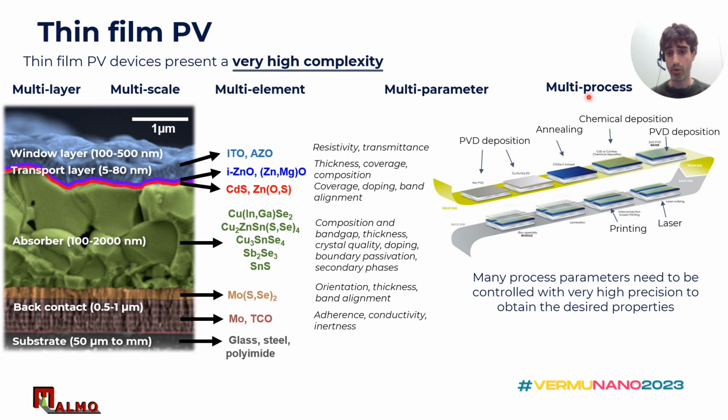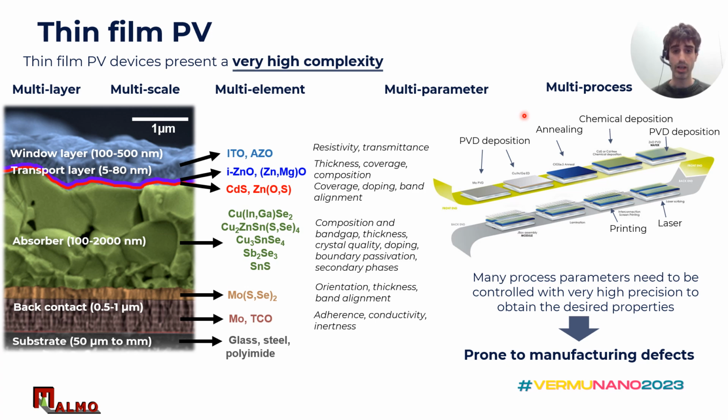And finally, the production of each layer requires different techniques that have many different parameters. These parameters need to be controlled very precisely because we are working on a very small scale. So any deviation in the process can lead to a manufacturing defect.